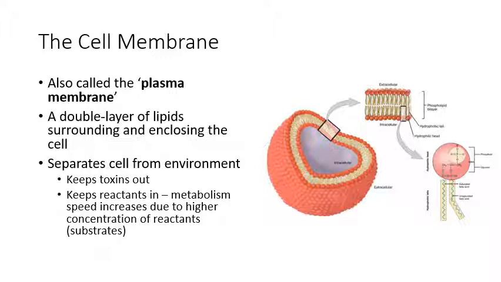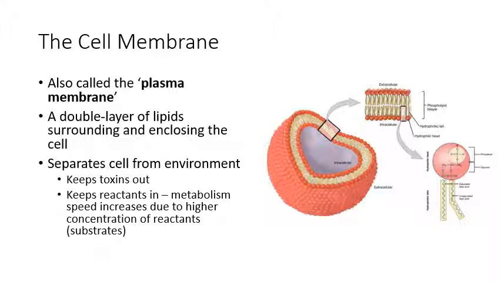By having a membrane, the cell gains a lot of advantages. For one thing, it's able to keep a lot of toxins out of the cell and a lot of nutrients in, and basically reactants for all the different chemical reactions that need to occur in the cell. One way to make a reaction go faster, as we learned in the chapter on enzymes, is to increase the amount of substrate available, and the substrate would be the reactant for a reaction that an enzyme will catalyze.